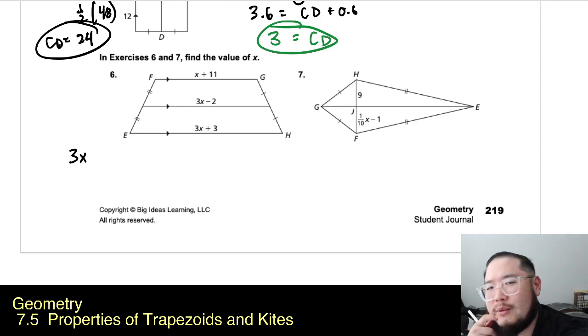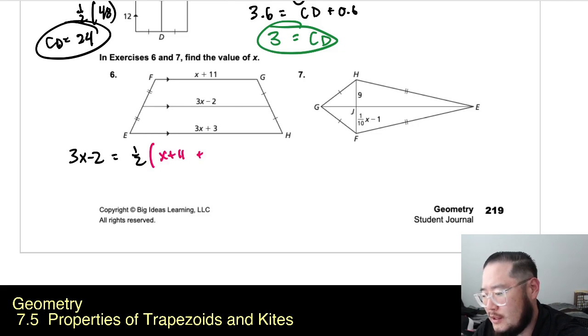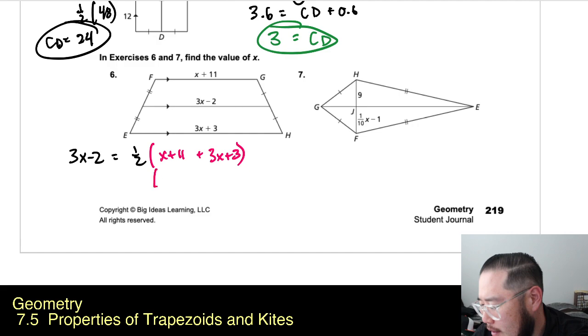3x plus 3. And from there, what we should be able to do is, in red, we can go ahead and simplify everything that's in there and then work our way into solving the problem. I could multiply both sides by 2, similar to what I did in number 5 first, but I think right here we can go ahead and simplify this in red, and I've got 4x, and then plus 14.